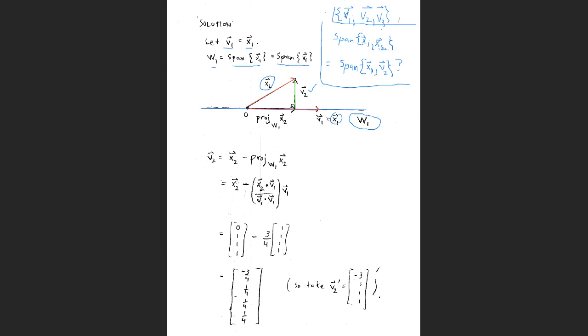Well, the vectors v1, which equals x1, and v2, don't they span the same plane? They do. Absolutely. Intuitively speaking, they do. So I'm going to find out what this vector v2 is and add it to my vector v1.